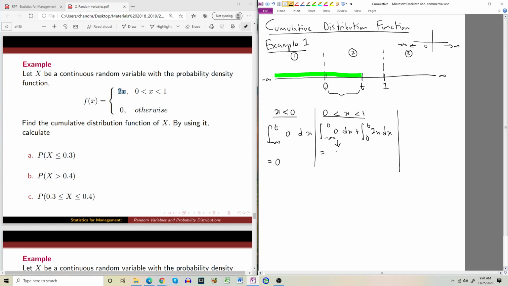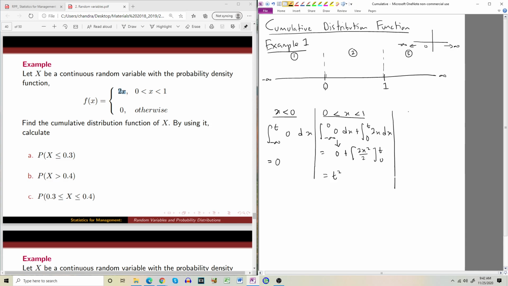This one is automatically 0. If I do this, this one will give me t square. Now, second interval finished.